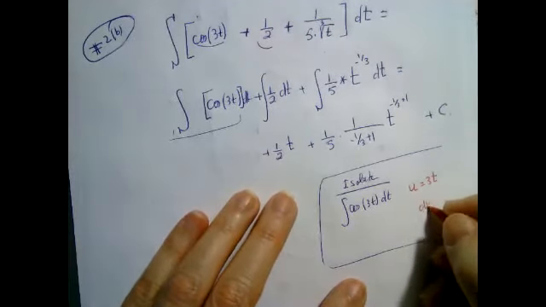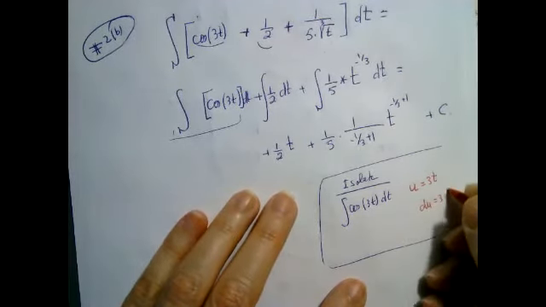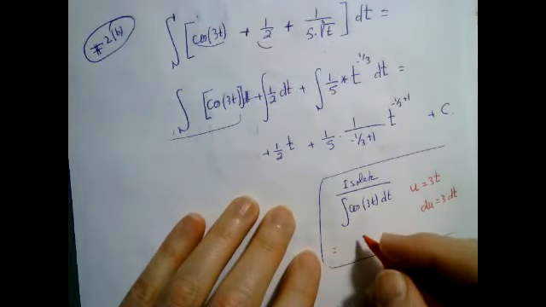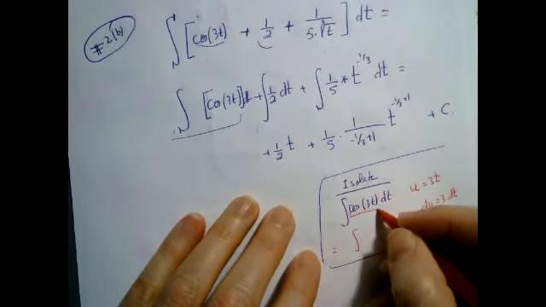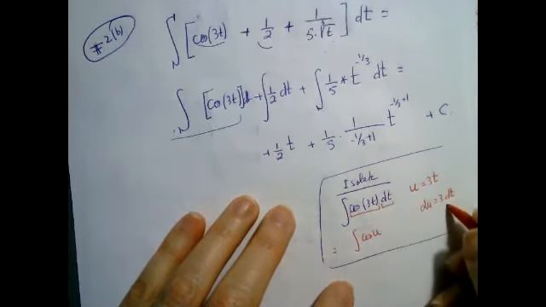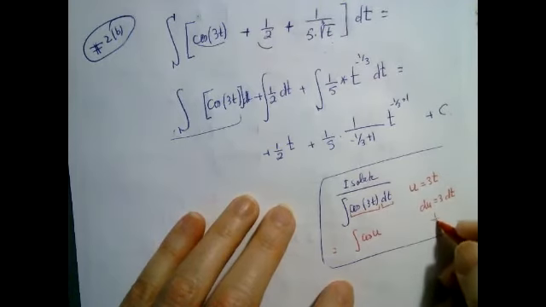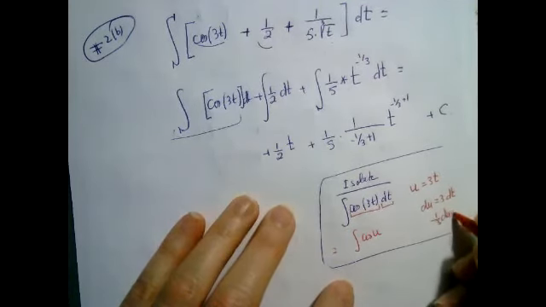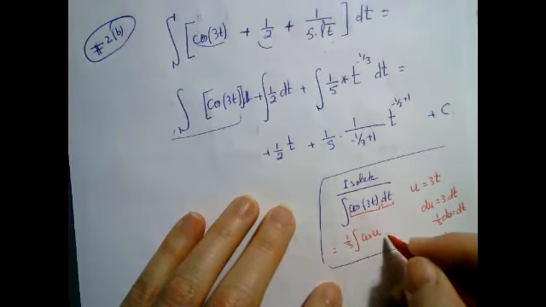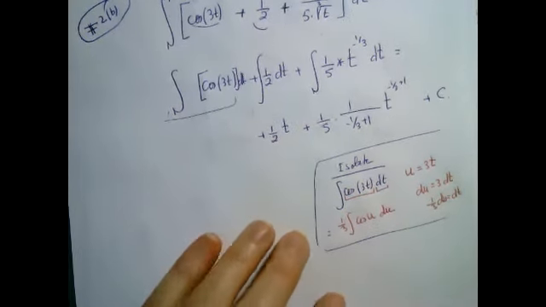The du is 3 dt. And this is going to give me the integral of cosine u. The dt, I have to get it out of here, is 1/3 du.